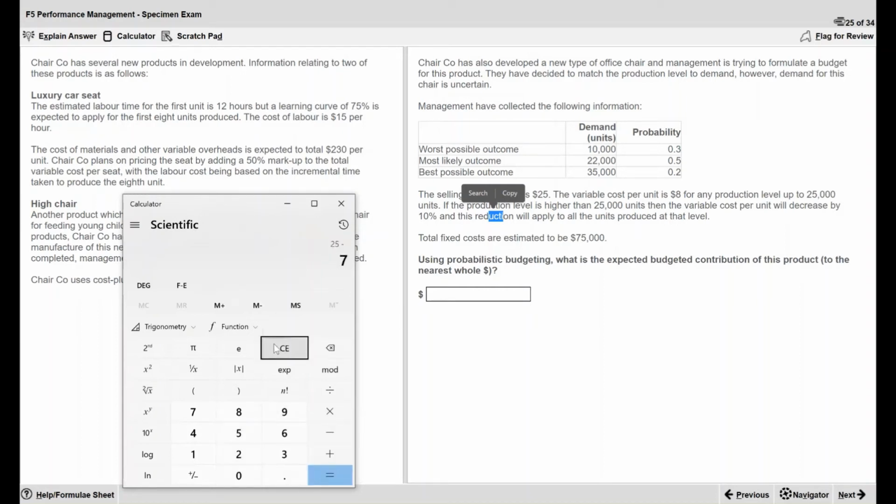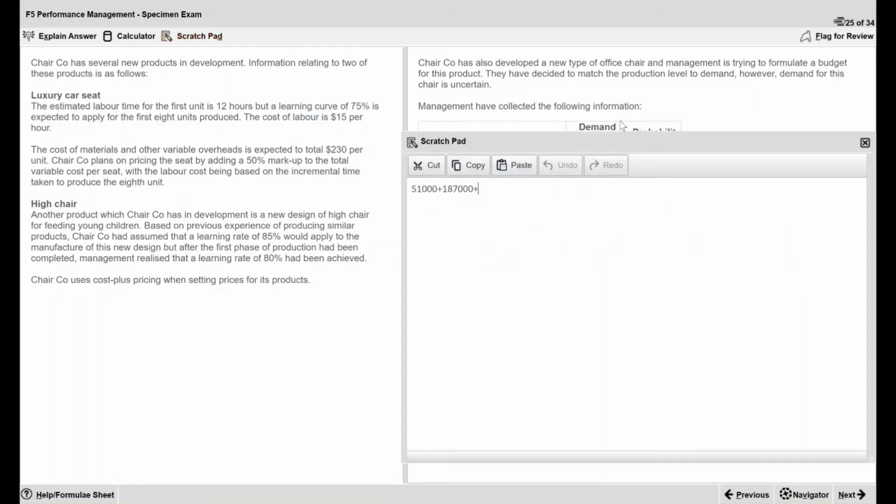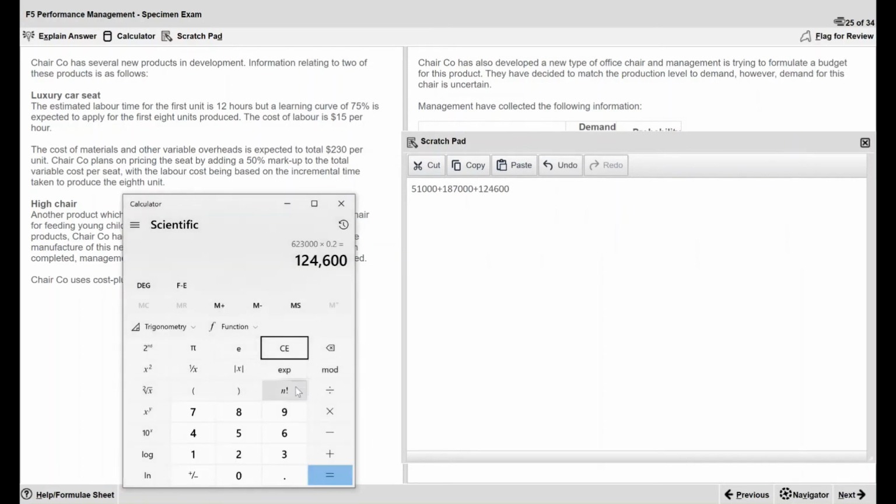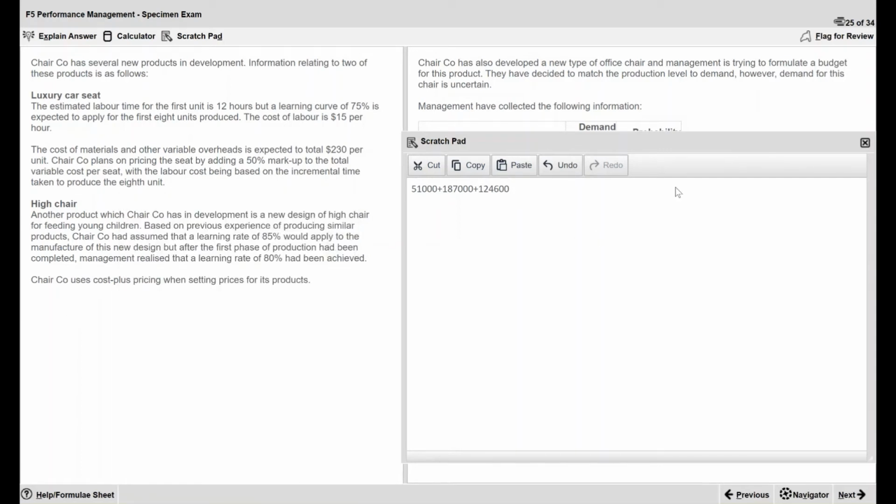So 25 minus 7.20 becomes 17.80. So 35,000 multiplied by 17.80 becomes 623,000, and multiplied by 0.20 becomes 124,600. So 124,600. When we add all of them together, 51,000 plus 187,000 plus 124,600 becomes 362,600.